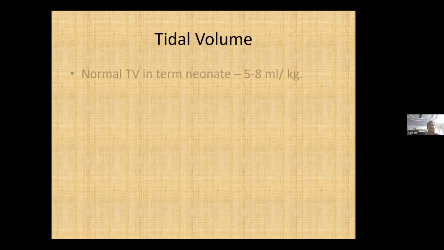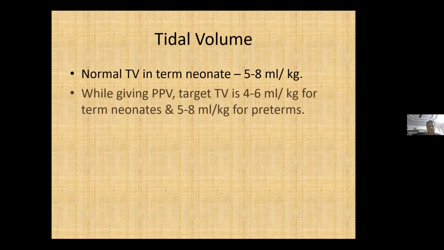Okay. Now, normal tidal volume in a normal newborn is 5 to 8 ml per kg, while in preterms we target around 4 to 6 ml per kg in term units when we are giving positive pressure ventilation, whereas for preterms we set it around 5 to 8 ml per kg.